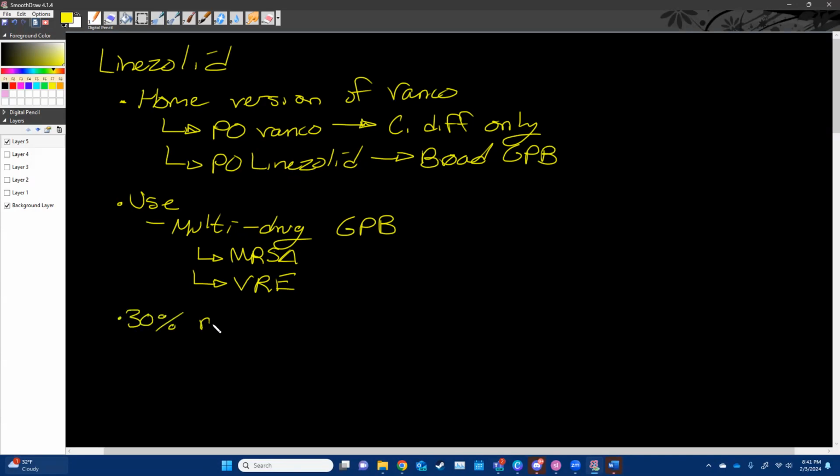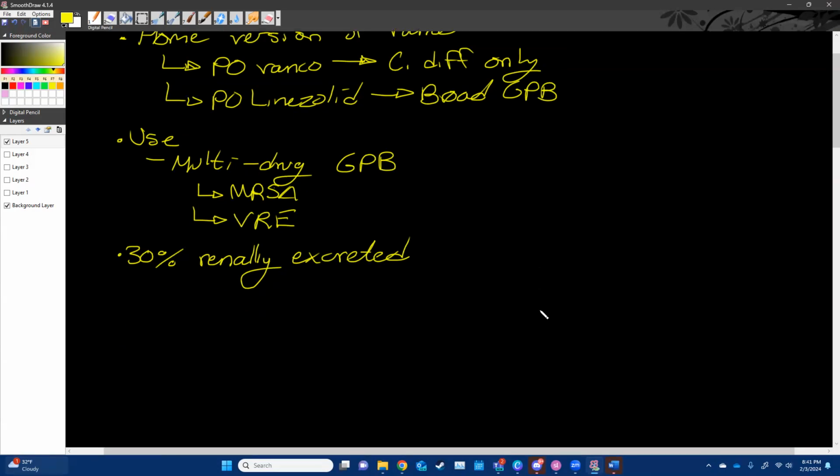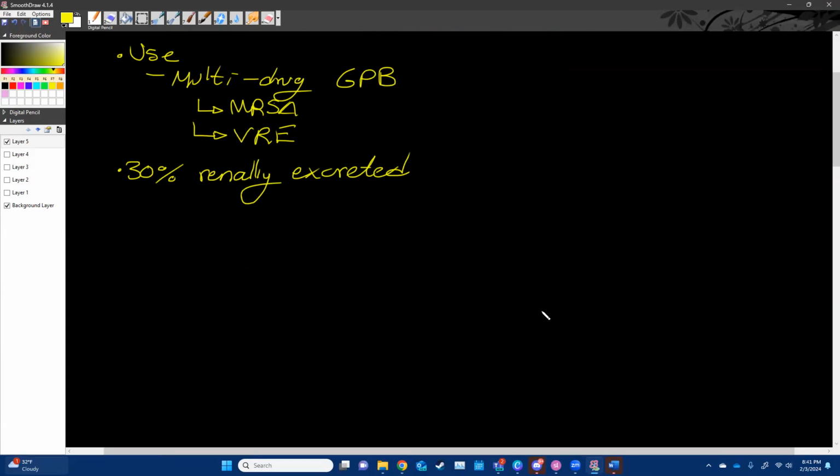Only 30% renally excreted. And another thing we should have is good CNS penetration.